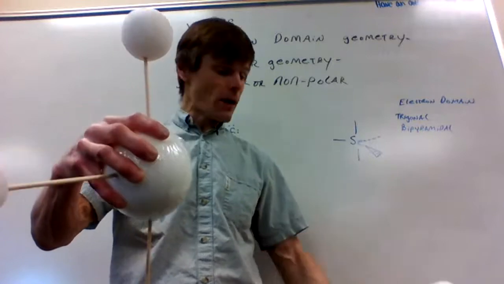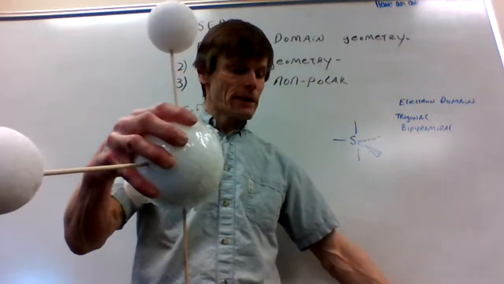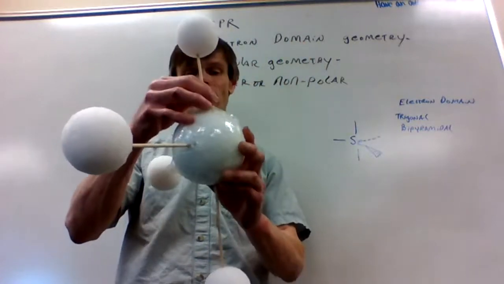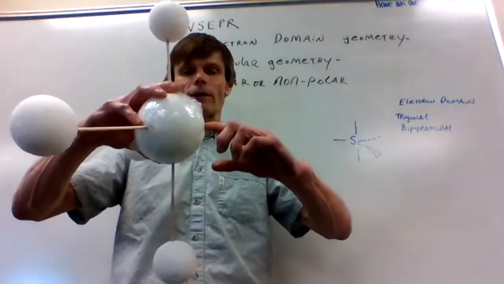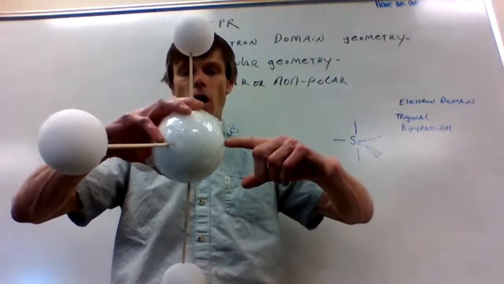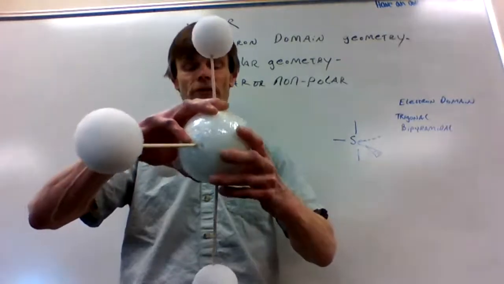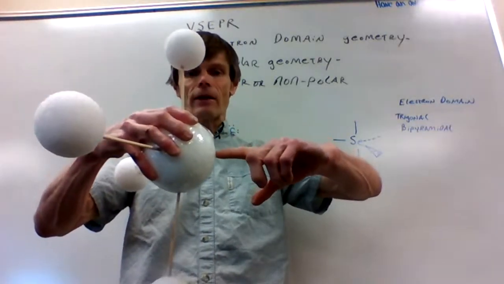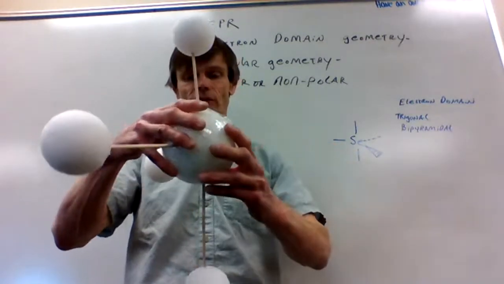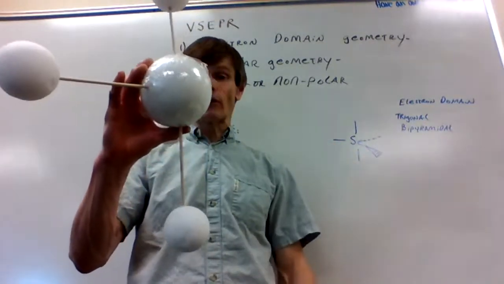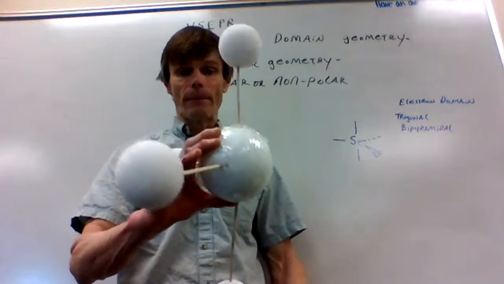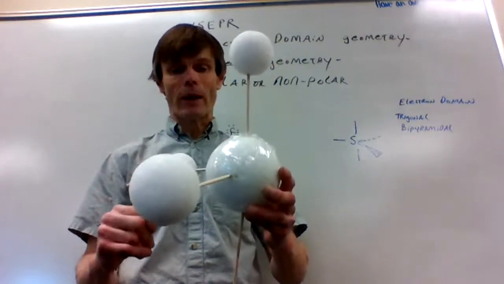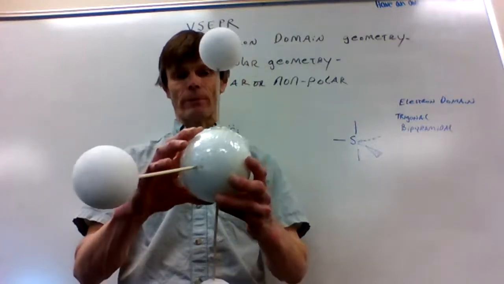And what we find out experimentally that are energetically the best is to place a lone pair of electrons along an equatorial position. So all lone pairs will be placed at equatorial positions when we're deriving a molecular geometry from a trigonal bipyramidal electron domain geometry.